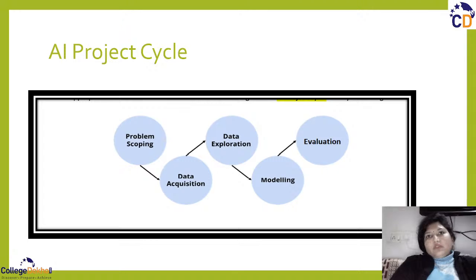You need those images which are unique and relevant to your data set. So all these things need to be considered in the third phase of the AI project cycle, that is data exploration, right? Then we have the modeling part.